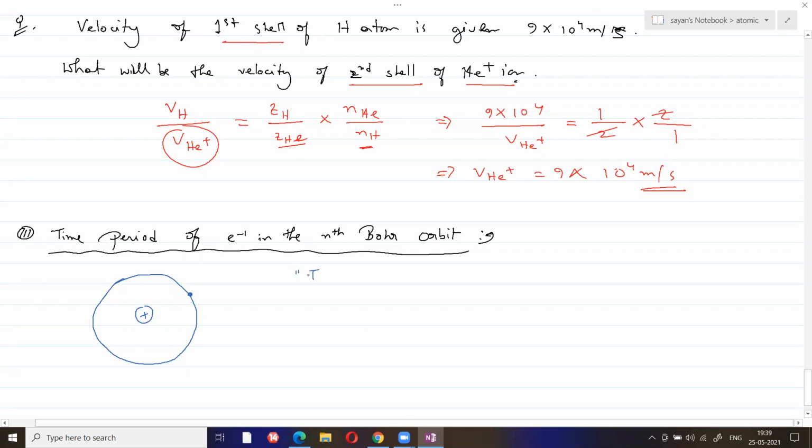Can I say it is the time taken by the electron to complete one revolution around the nucleus?